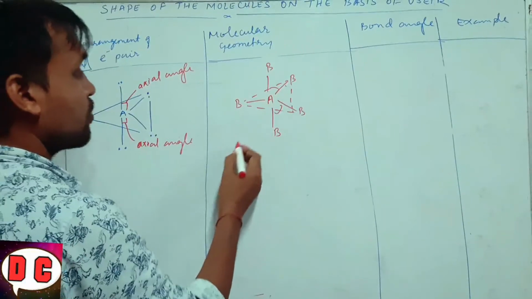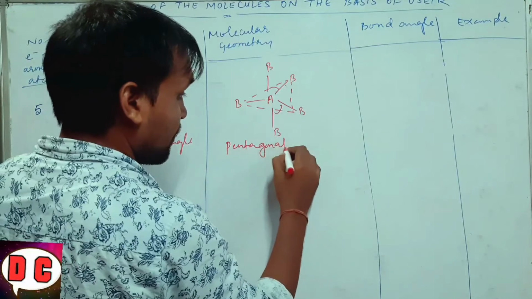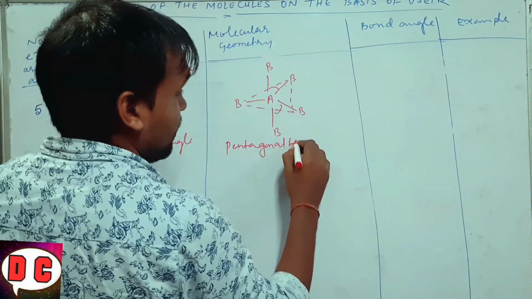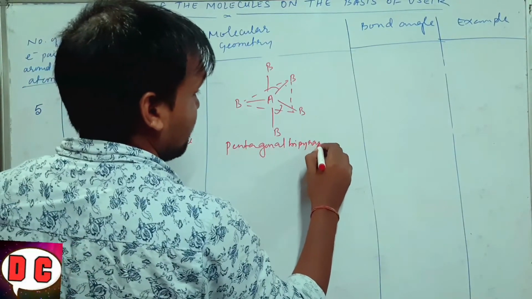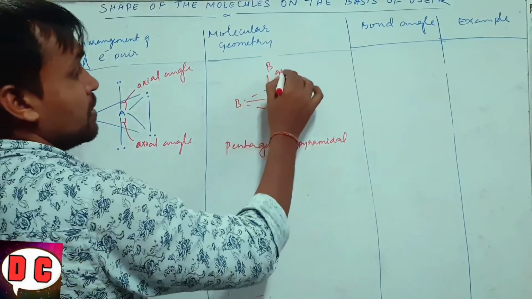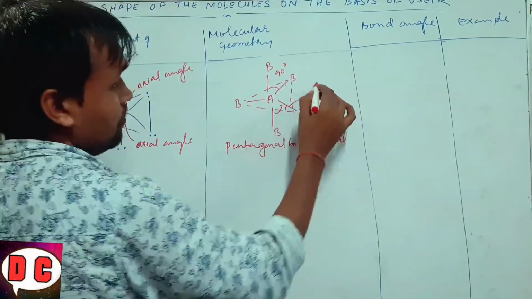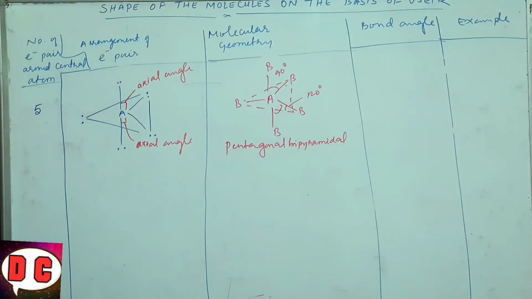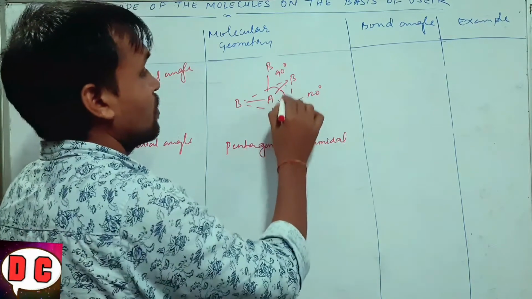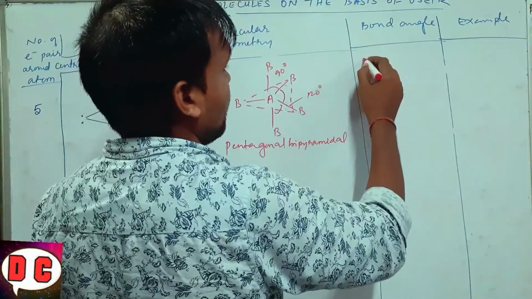So this geometry is called pentagonal bipyramidal. Here the angle is 90 degrees and here it will be 120 degrees. Got it? So here we will be writing it. The bond angle is how much? Axial.